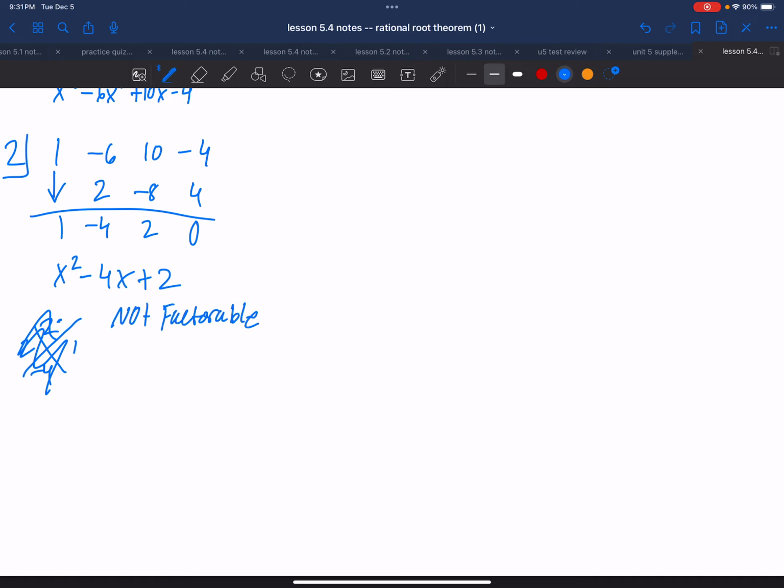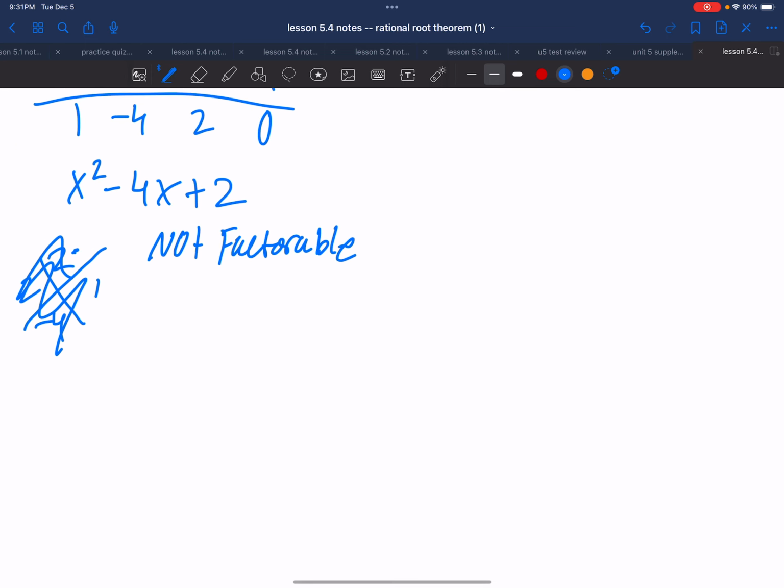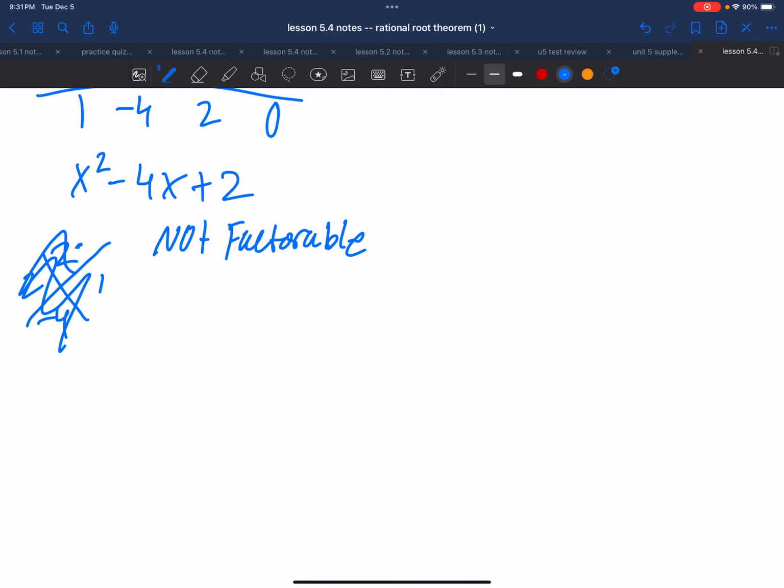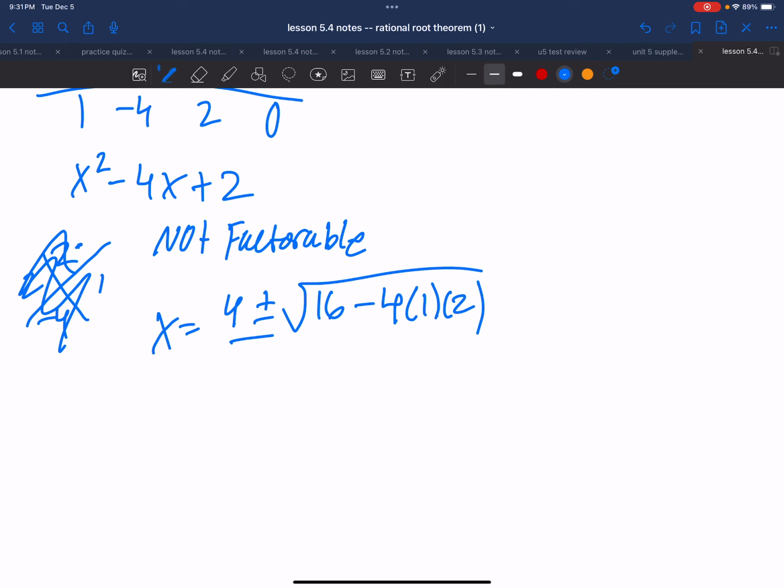So you say, hey, how do I solve when it's not factorable? Right? What do I do? Well, it's what we did in the last example. It's the quadratic formula. So x equals -b, which is -4, which is +4, plus or minus the square root of b squared, which is -4 squared, which is 16, minus 4a, which is 1, times c, which is 2, all over 2 times 1, because a is 1.